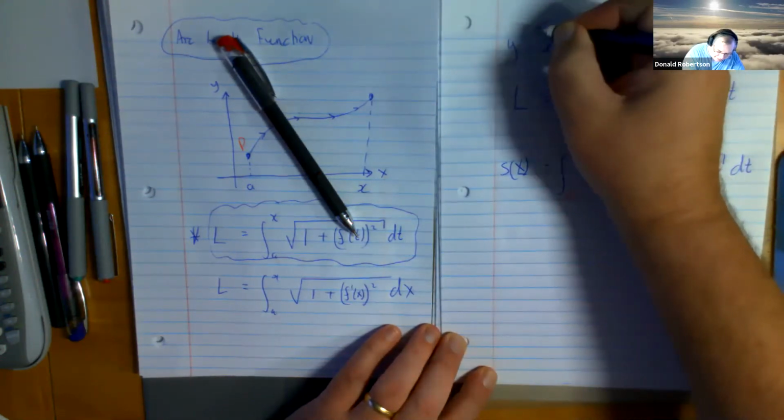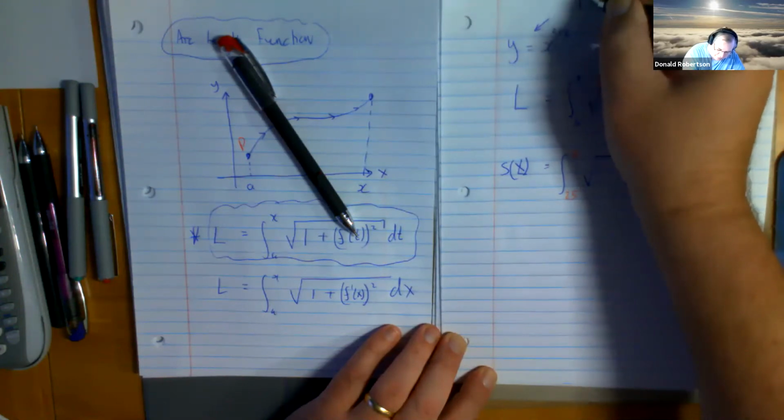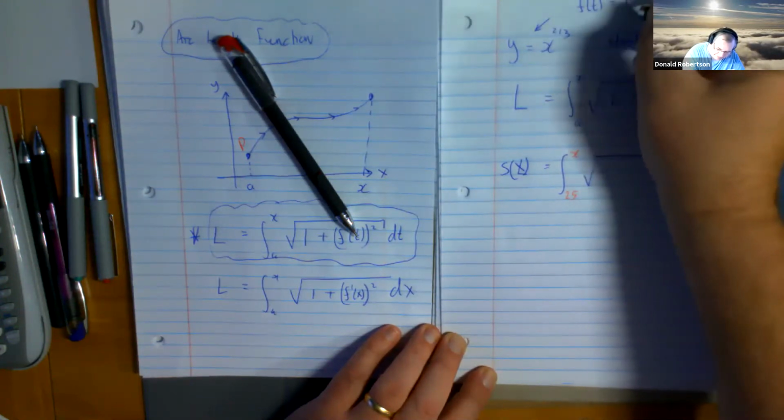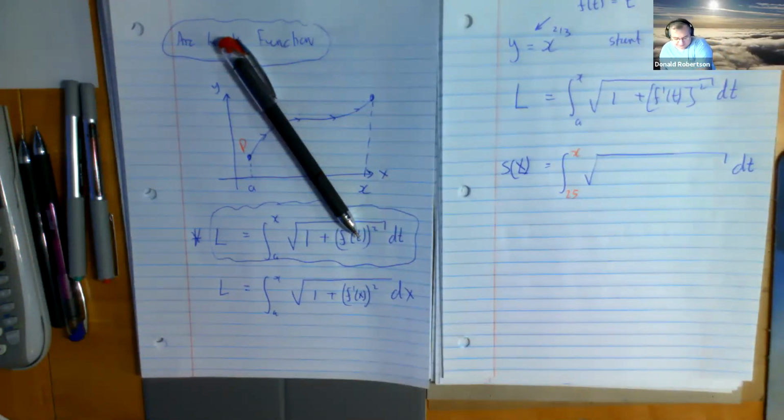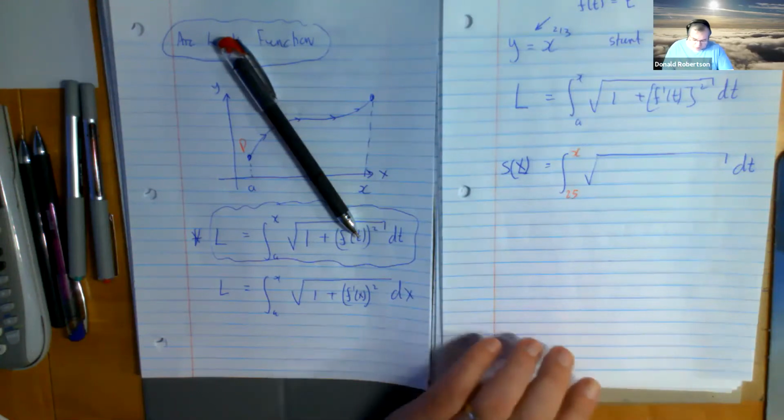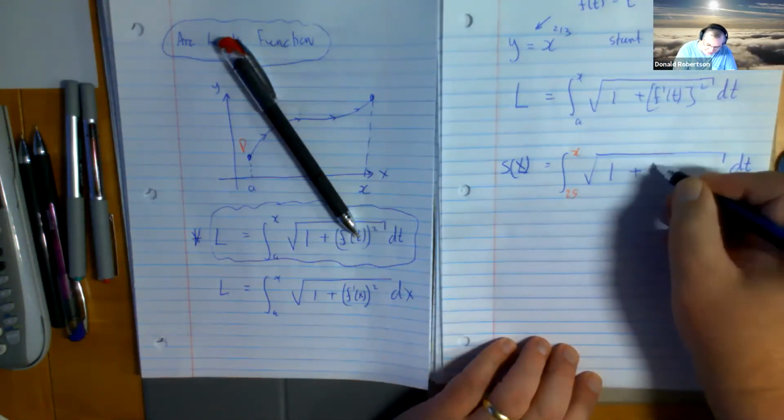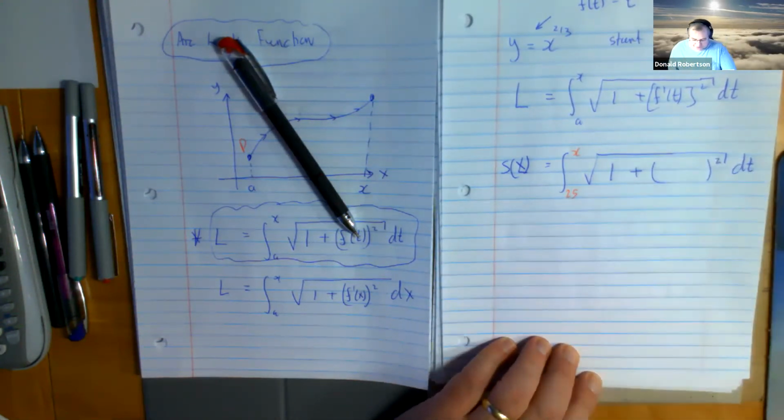Now, although that is the function, we think of it like that. So 1 plus its derivative squared.